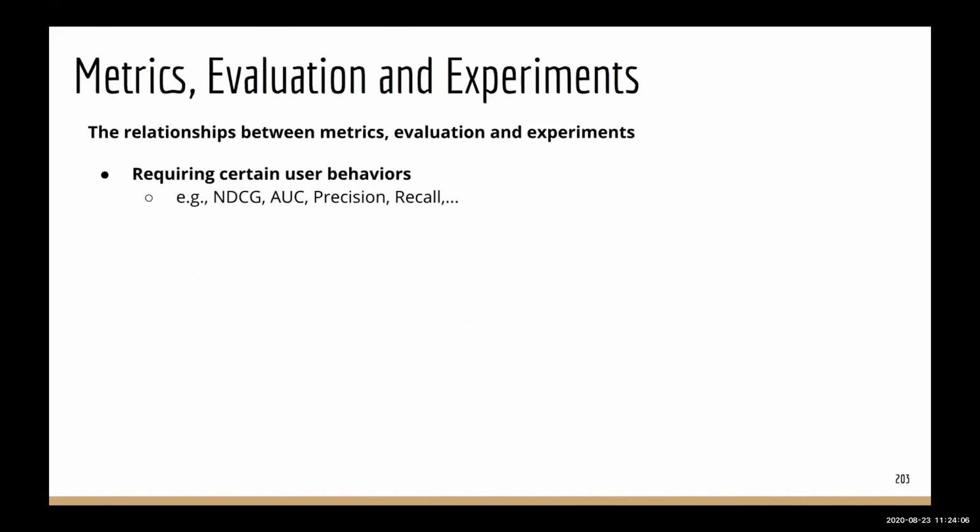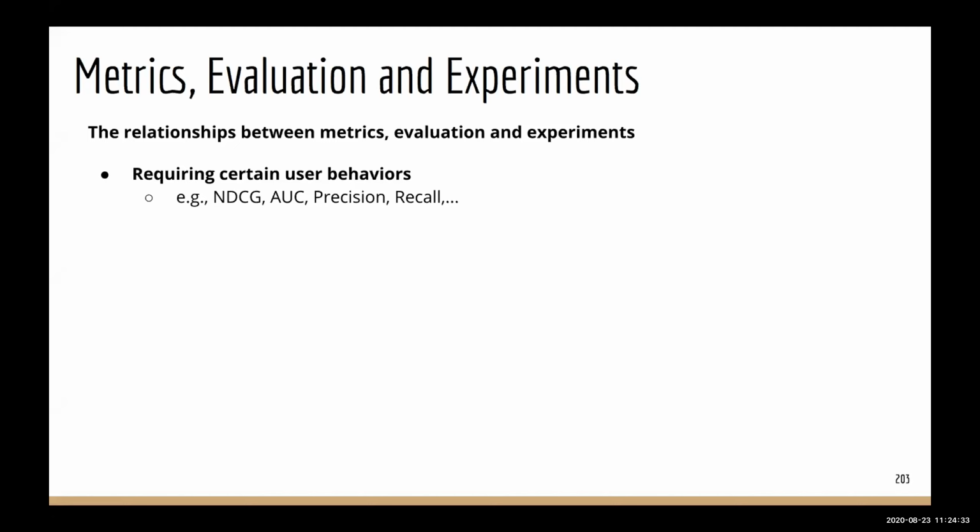Before I jump to automatic optimization, I want to also quickly mention that a lot of these things have a relationship with each other and are tied to how particular metrics are defined, right? For instance, certain metrics require a user behavior. NDCG, AUC, precision, recall, you name it, require a positive label, right?